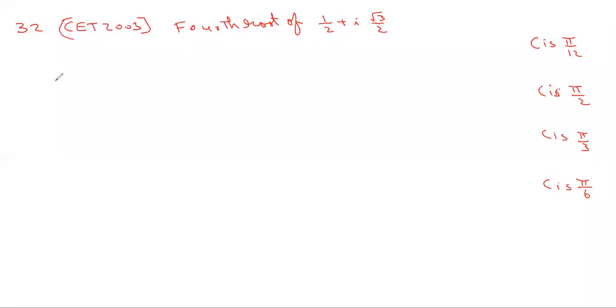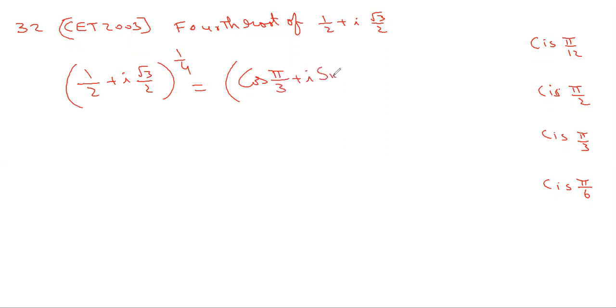So the question asked is (1 by 2 plus i root 3 by 2), the whole power 1 by 4. So we need to write this as (cos pi by 3 plus i sin pi by 3), whole power 1 by 4. Basically, the short form of it is cis pi by 3, the whole power 1 by 4.